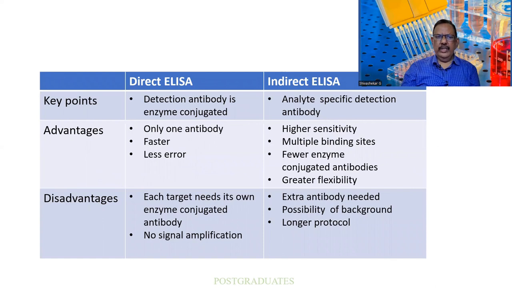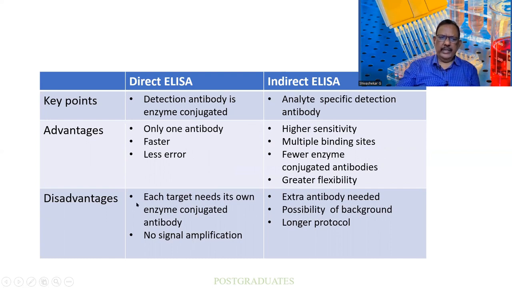There are two methods of this, direct ELISA and indirect ELISA. The key points are these. In direct, the antibody is enzyme conjugated, whereas in indirect the antigen is being detected by means of the antibody. Advantages of direct: there is only one antibody, it is faster, less error. Indirect has multiple binding sites, higher sensitivity, fewer enzyme conjugates, and a greater amount of flexibility.